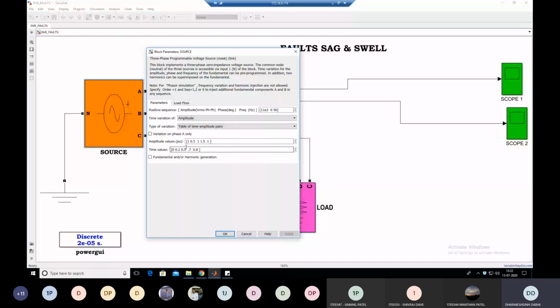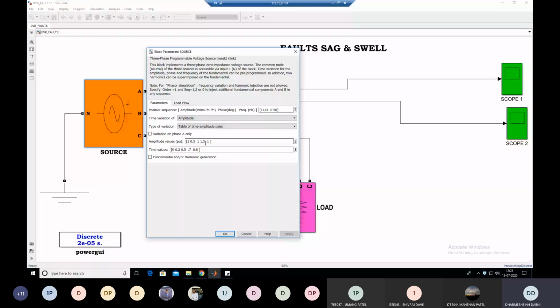Clear? So this duration, 0.2 to 0.5, creates the voltage sag, or you can say the under voltage condition. In the same way, between 0.7 to 0.8 second, the voltage remains 1.5 per unit. So that creates the over voltage, or you can say the voltage swell.